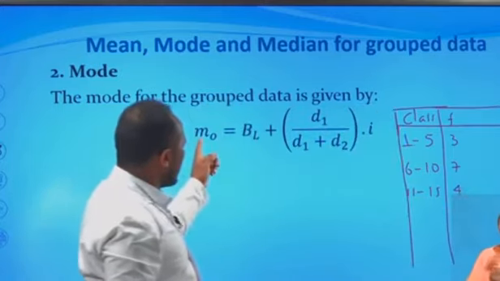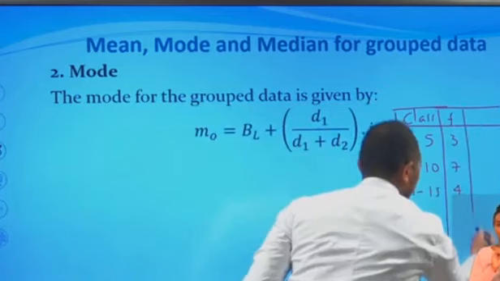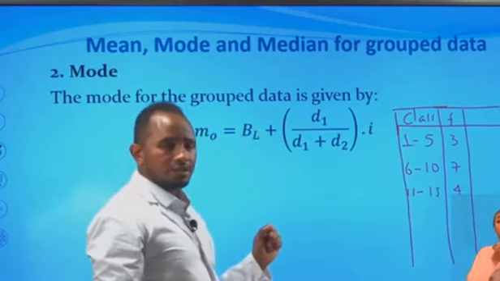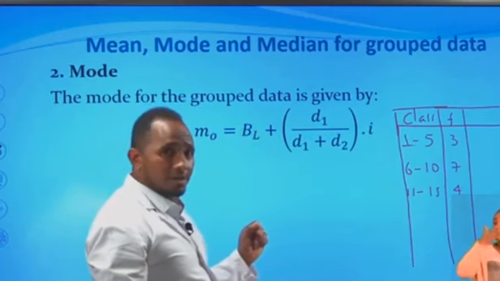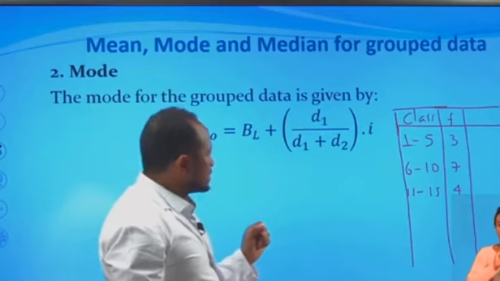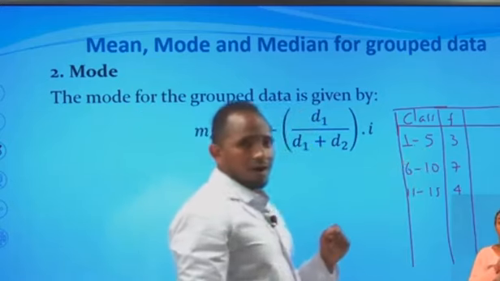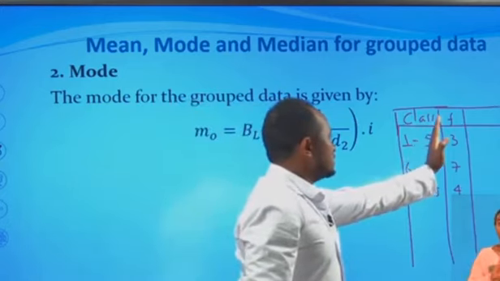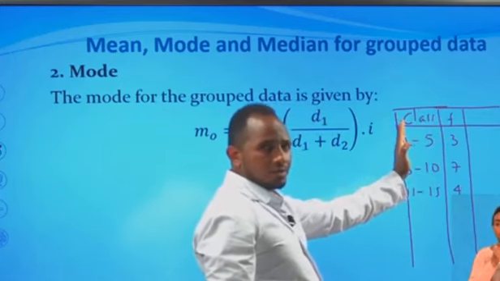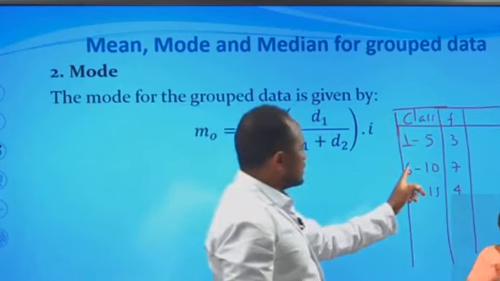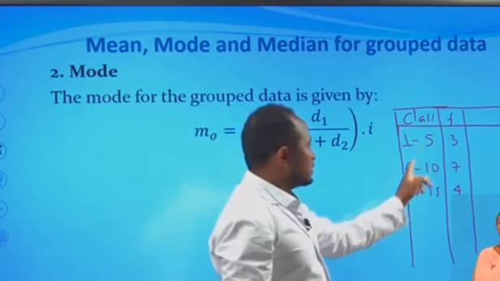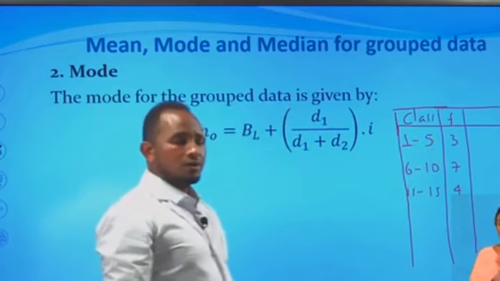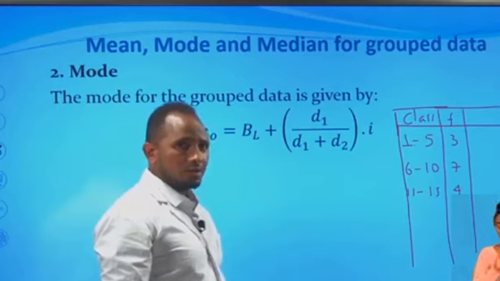To find the mode, we need to find the class boundary. The class boundary is obtained first by determining the correction factor. After determining the correction factor, you subtract it from the lower class limit and add it to the upper class limit. For this case, the correction factor is obtained by taking the difference of these two, 6 minus 5, which is 1, divided by 2, which is 0.5.